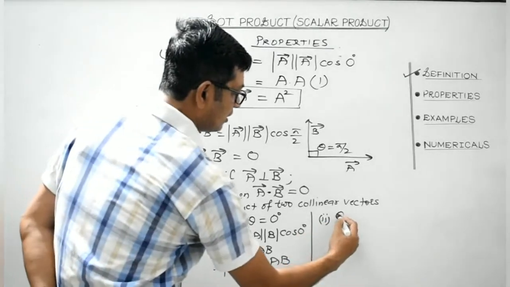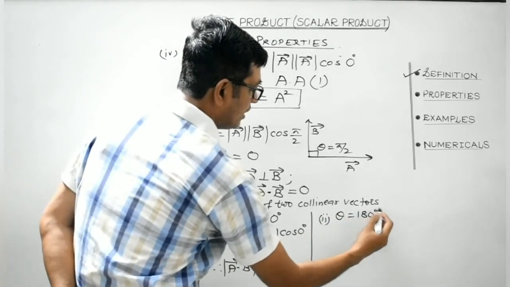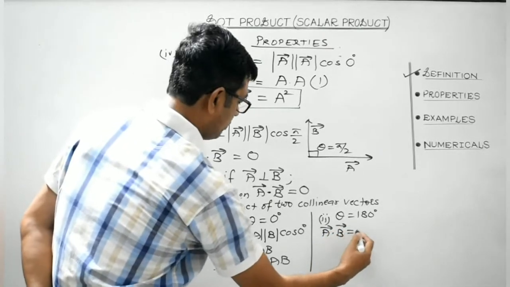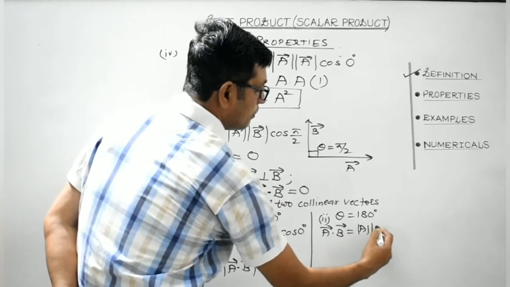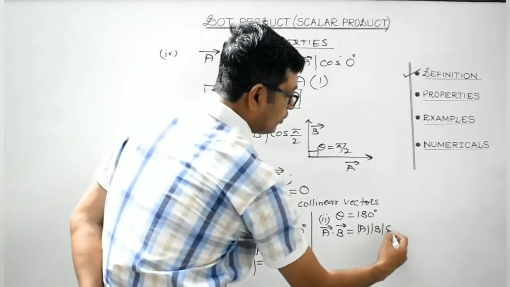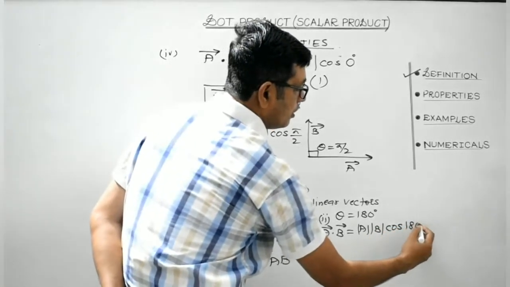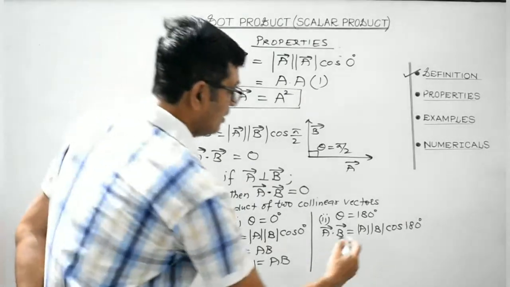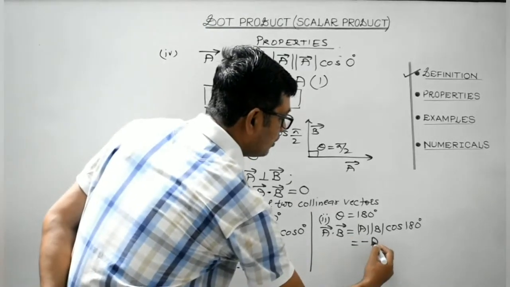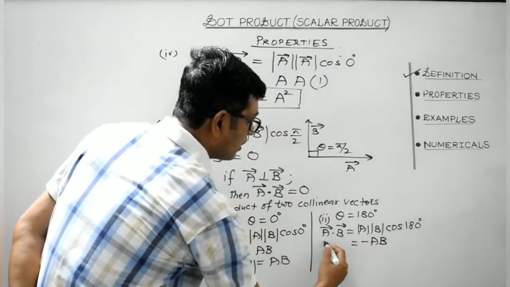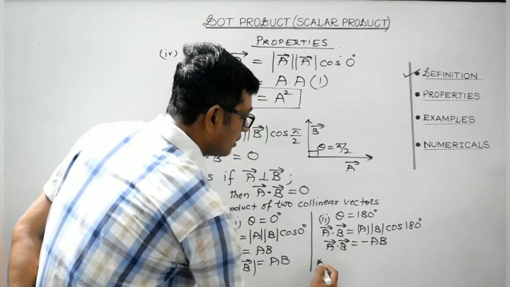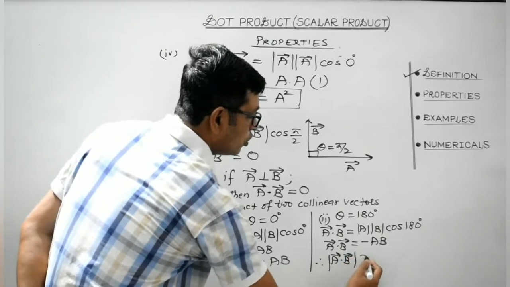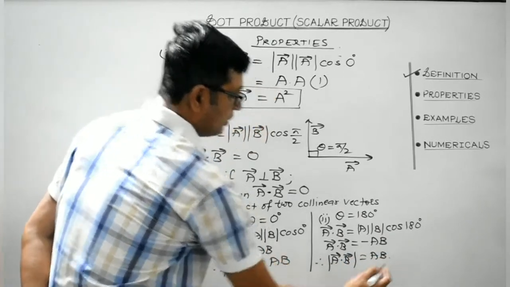So let's consider the other case when theta is equal to 180 degree. In this case, A dot B will be equal to the product of magnitude of A and B and the cosine of the angle between them. Students, cos 180 degree is minus 1. So we'll get minus AB for A vector dot B vector. Therefore, magnitude of A vector dot B vector would be equal to AB.